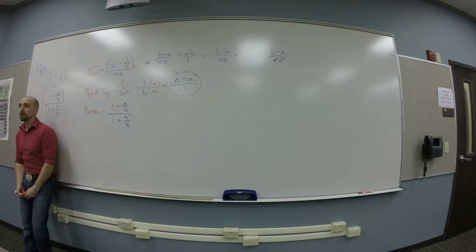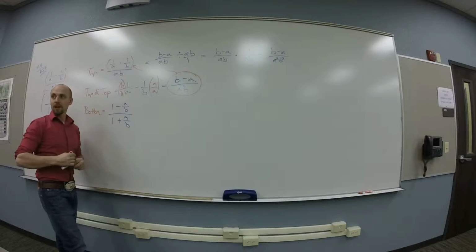Oh, that's a good idea. You guys see that? Maybe that didn't occur to you. Multiply top and bottom by B. You see that? That's really clever, because it'll blast the B's out of there, and then I'll be left with one easy fraction.